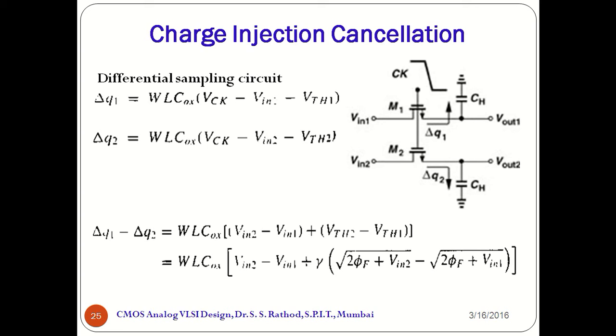V in 1 generates channel charge delta Q1, and V in 2 generates channel charge delta Q2. If you assume that delta Q1 is nearly equal to delta Q2, then delta Q1 minus delta Q2, if you simplify this, is equal to 0.